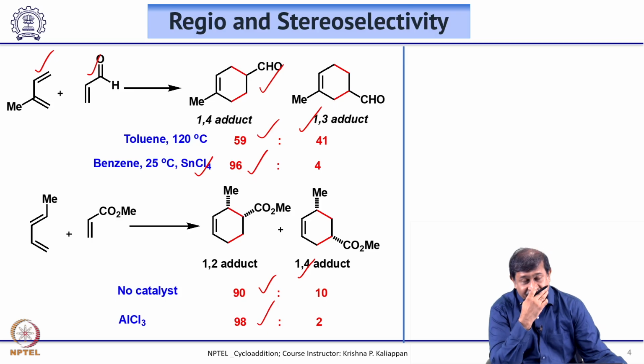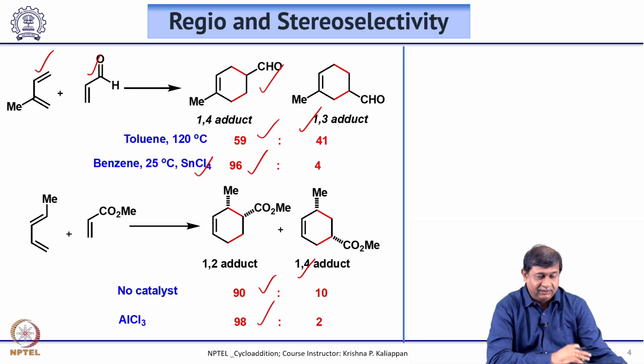Though we discussed in detail that when you have a substituent in the diene and a substituent in the dienophile, either the 1,4 or 1,2 adduct should be the major product, still you get the 1,3 adduct in sizable amount, but the addition of Lewis acid will make sure that you get predominantly, almost quantitatively, the 1,2 and 1,4 adducts.